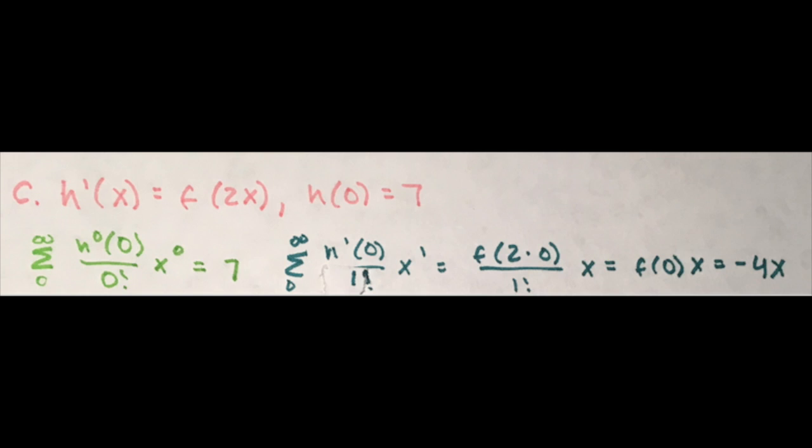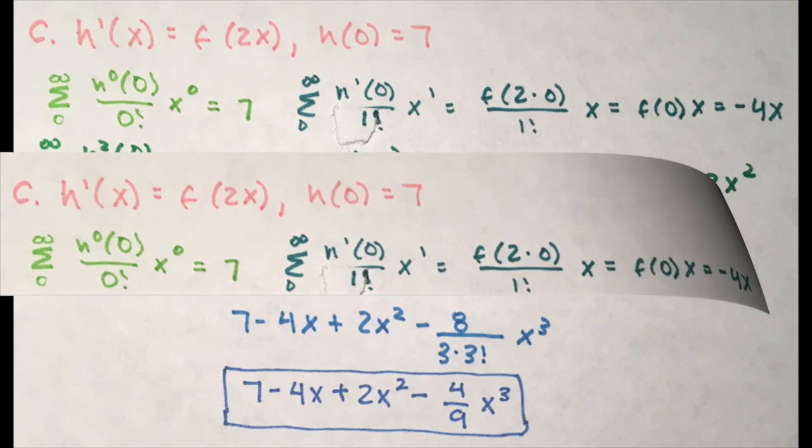Remember that the first term is always found by setting n equal to 0 in your Taylor polynomial formula. For the second term, we set n equal to 1 in our Taylor polynomial formula. They tell us that h prime of x equals f of 2x. Because our x value is 0, we can rewrite this summation as f of 2 times 0 over 1 factorial times x. In the problem, they tell us that f of 0 is negative 4, so the second term is negative 4x.